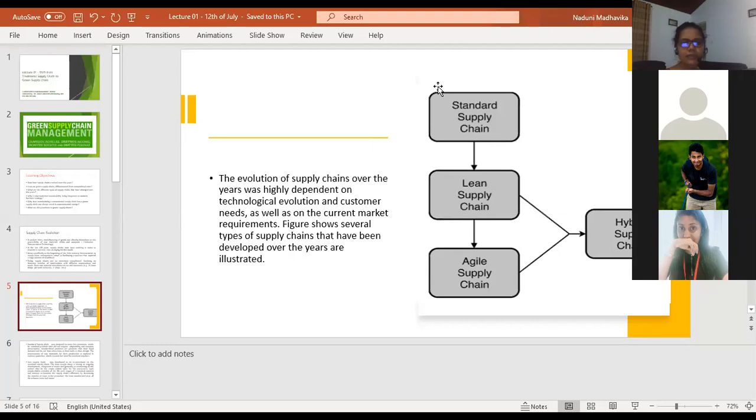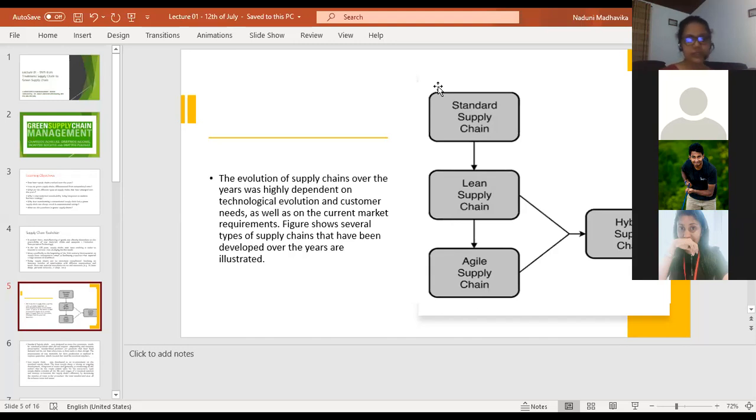What do you mean by the agile supply chain? Agility, you must have learned this term in the operations and supply chain management module. Being agile, what do you mean by being agile? Flexible.